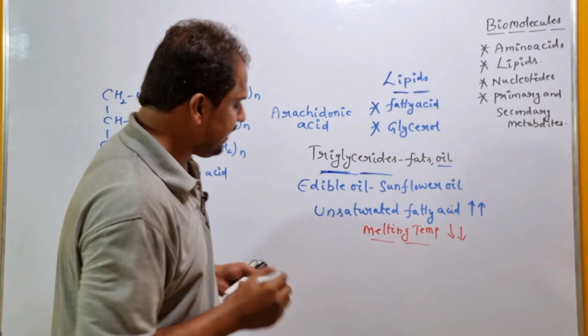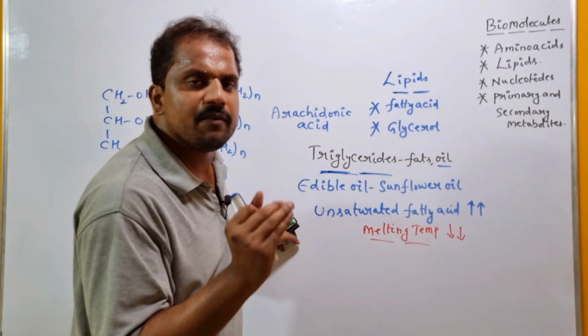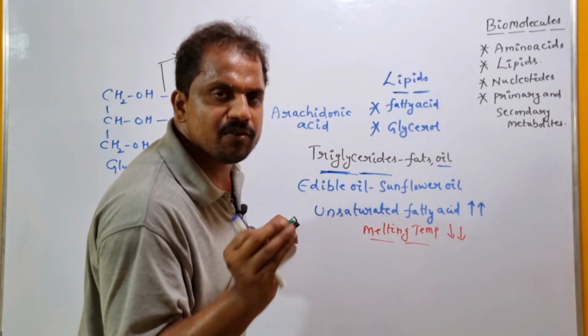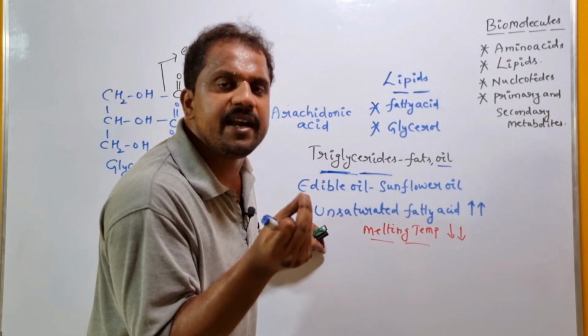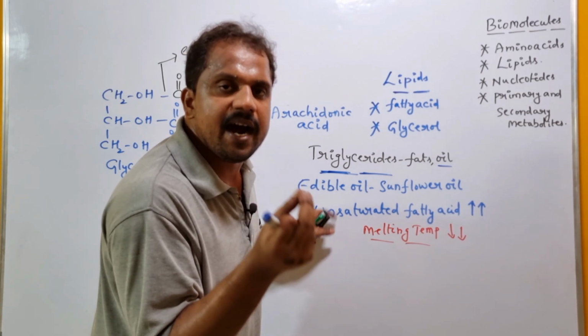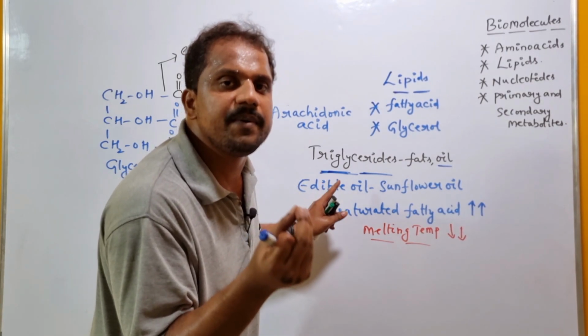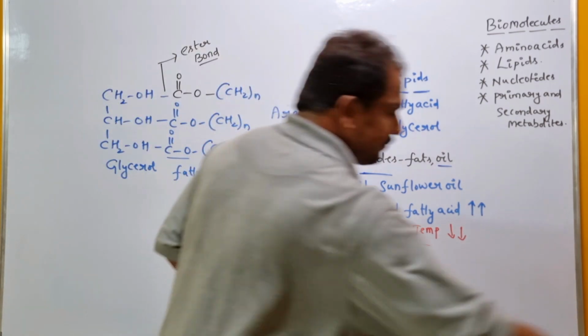Is it clear? Then in the same way, one of the modified forms of the lipid molecule is nothing but what? Phospholipid. Is it clear? So what is phospholipid here? When the phosphate moiety successfully attaches to the alcohol, which is nothing but glycerol, under such a condition the phospholipid is successfully formed. So let me show it on the board.